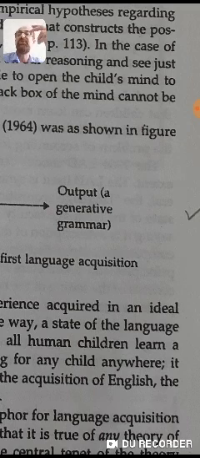This is the opposite of the ideas presented by behaviorists. So, this is an argument against behaviorists. What is the argument? Poverty of stimulus. It means that we do not have enough stimuli for the babies, for the infants, to develop language.